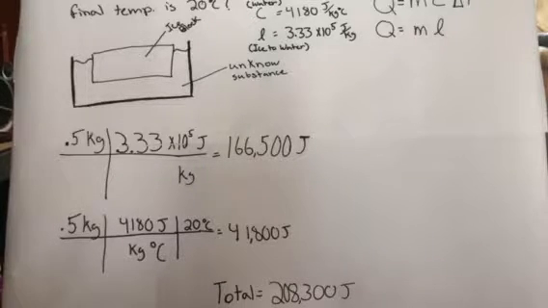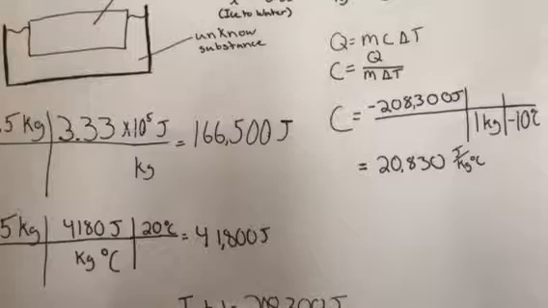The reason this is so important is that we know how many joules it takes to turn the block of ice into liquid at 20 degrees Celsius. And we also know the law of conservation of energy, that energy cannot be created or destroyed, so that energy has to come from somewhere.